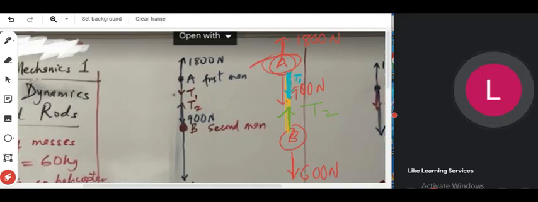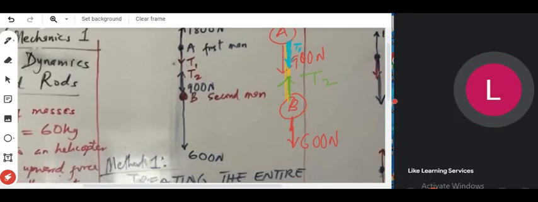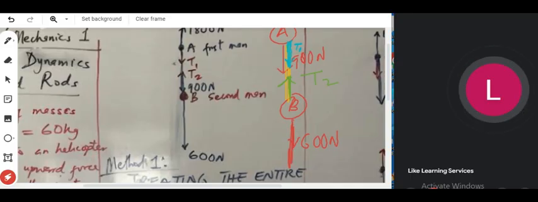The first man being pulled by a force of 1,800 Newton, and then his own weight, because the mass of the man is 90 kg. The second man, his weight 600 Newton, because his mass is 60 kg. And of course, the weight acts downward, there's a tensional force acting upwards, another tensional force acting from here, and then the weight of A.